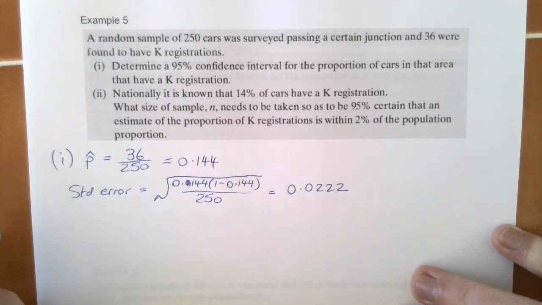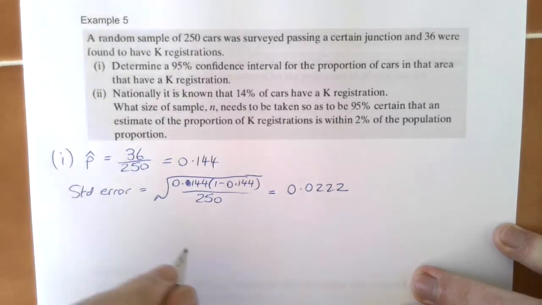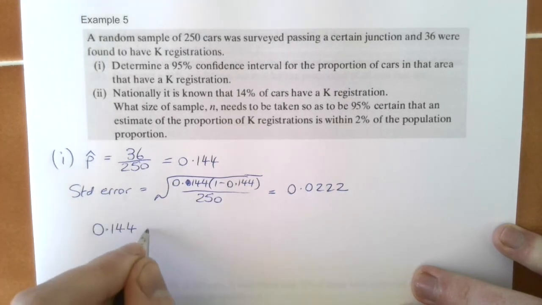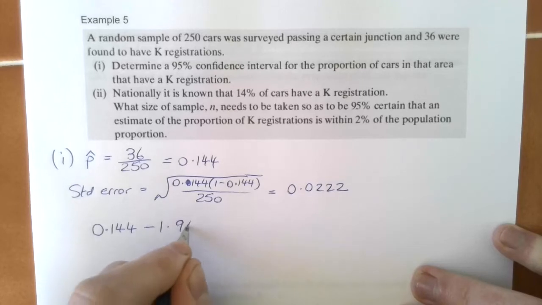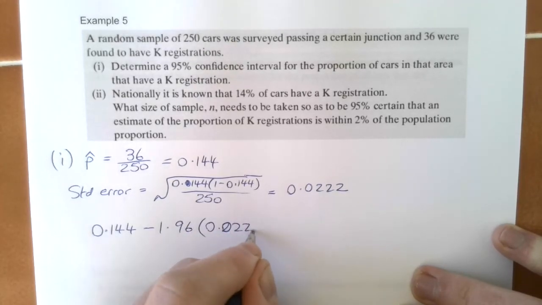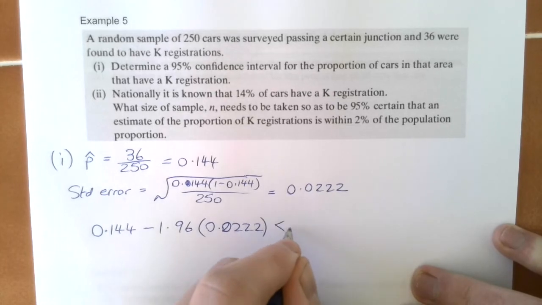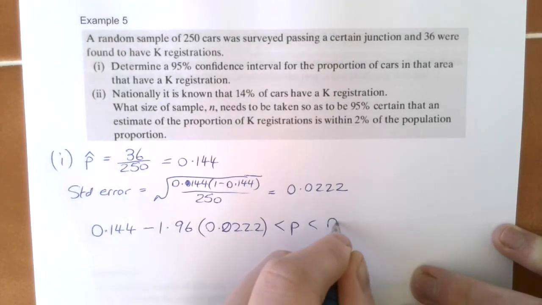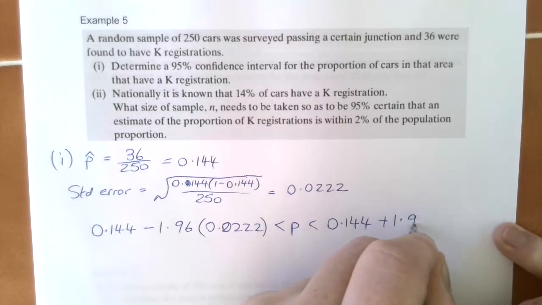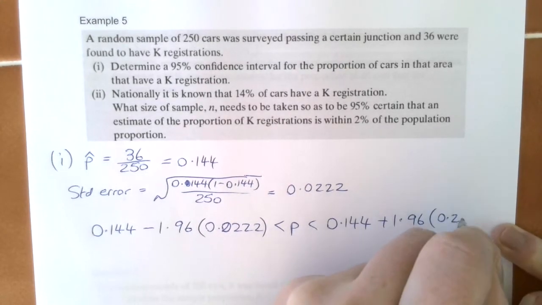And then from that, we can figure out what our confidence interval is. So our confidence interval was equal to the sample proportion minus 1.96 by the standard error, and then sample proportion plus 1.96 by the standard error.